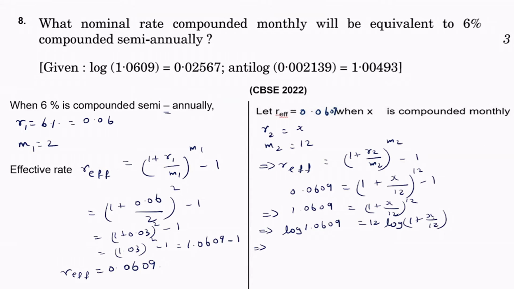So from this we have log 1.0609 is 0.02567 divided by 12. Bringing this 12 to this side, it will be log of 1 plus x by 12.